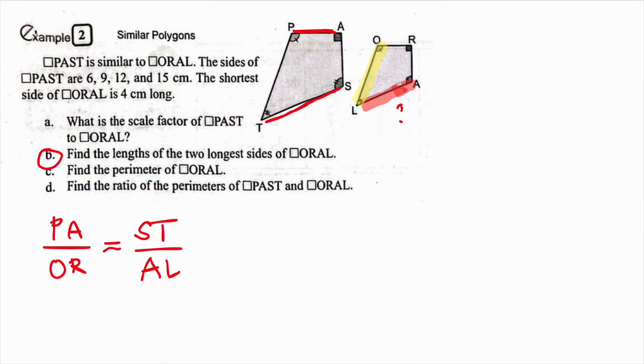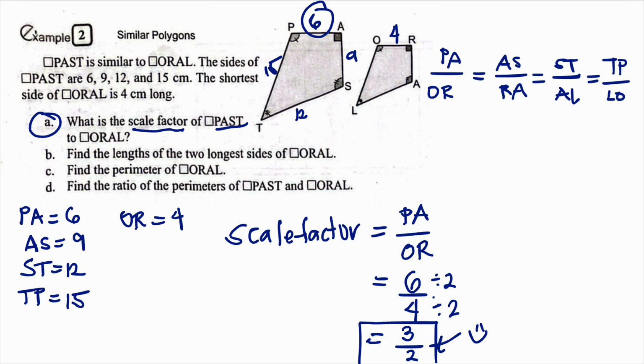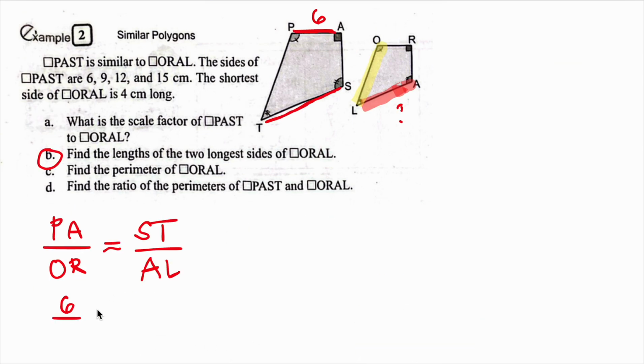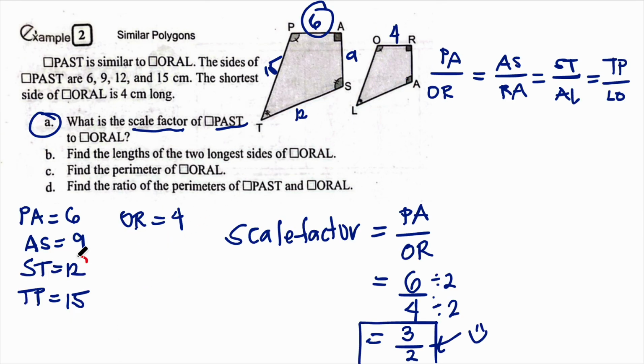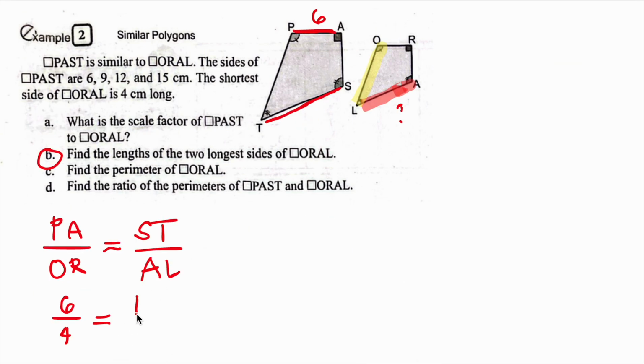From the given example earlier, the value of PA is 6. OR is 4, and that is equal to ST. The value of ST from the given is 12, all over AL, which is the missing one.